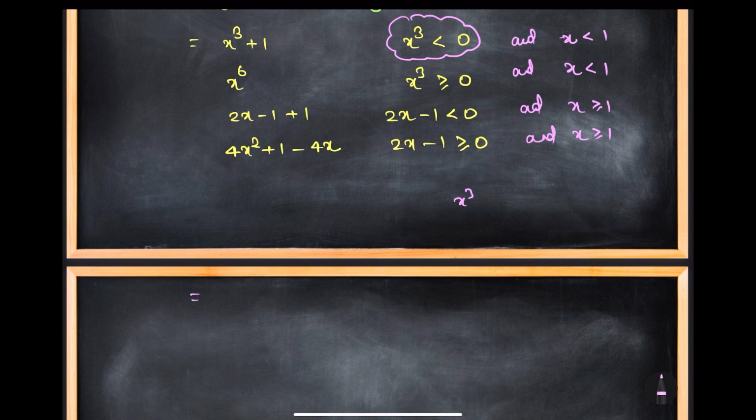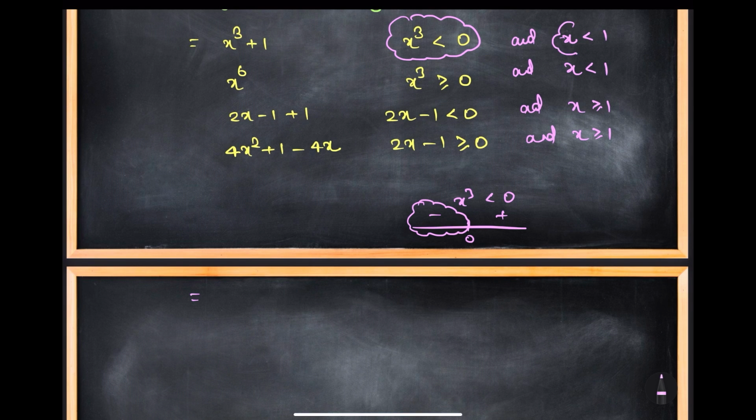So x cube less than 0. So what is the critical point? 0. So on the right hand side we will have the plus sign. Now you will jump 0, so behind 0 you will have the negative sign. And we have to cover the negative region, meaning our required region is minus infinity to 0.